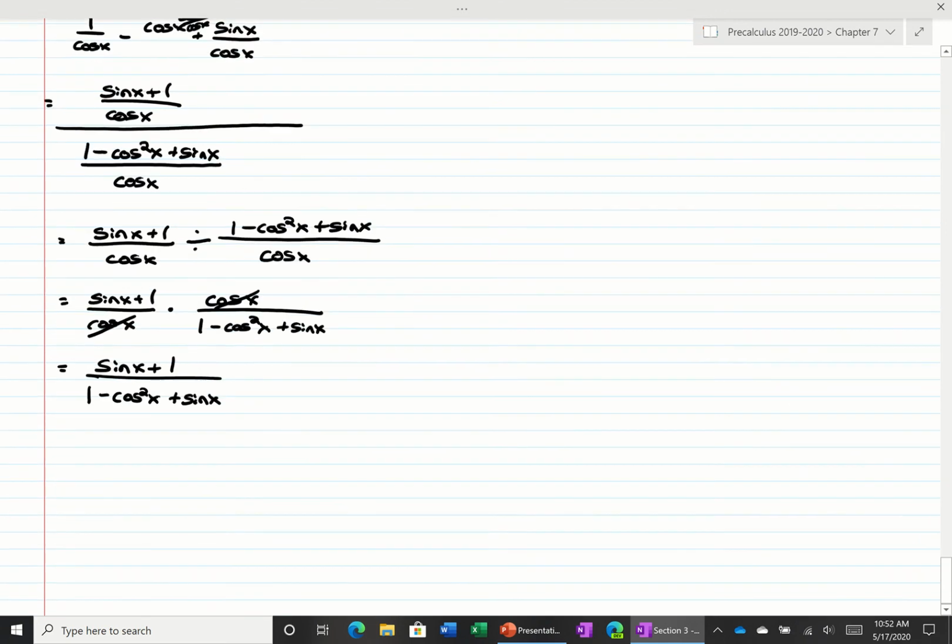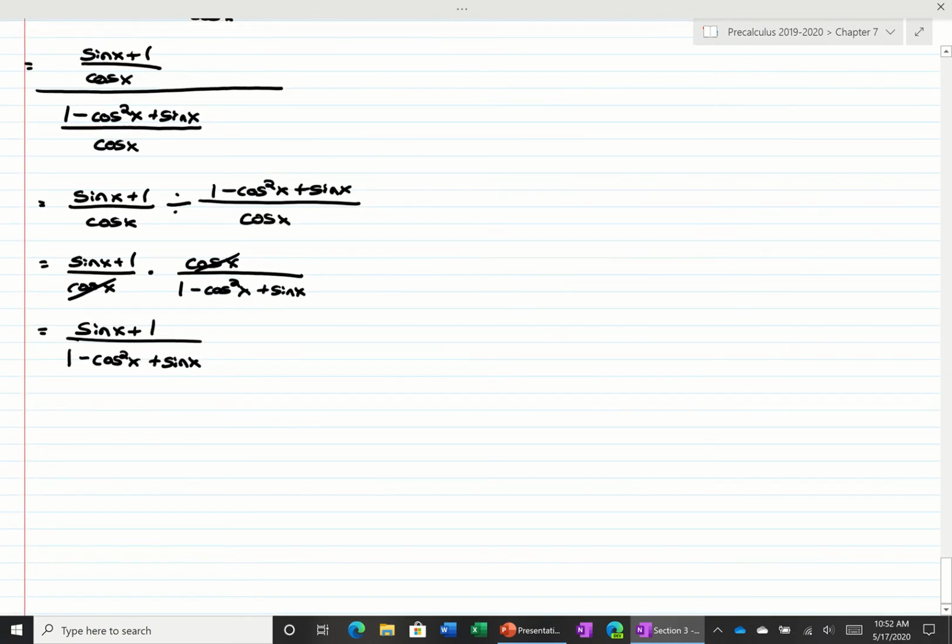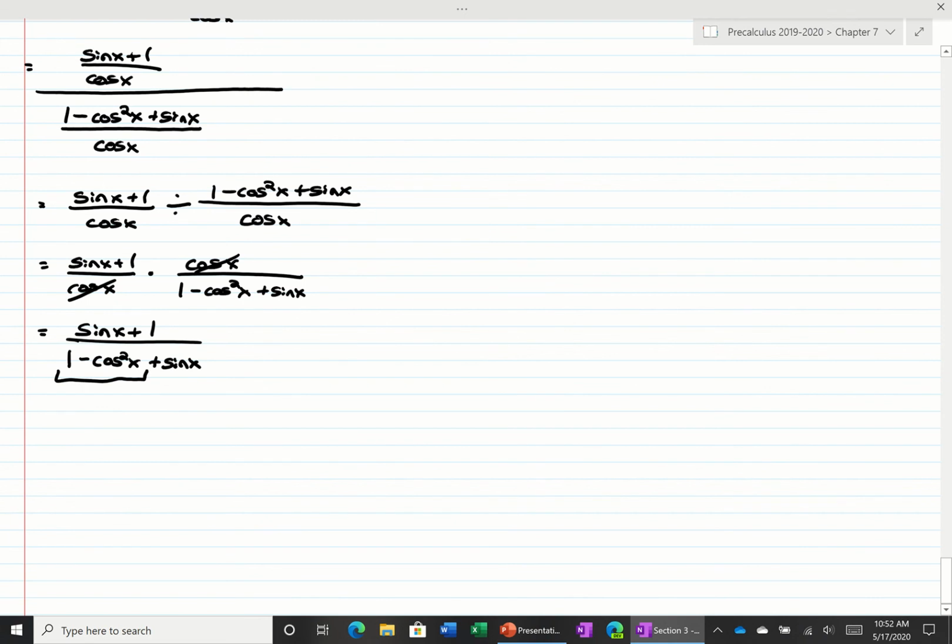That's 1 over sine. So it might be a good idea to get all sines on the bottom. 1 minus cosine squared, we've seen a few times already. If sine squared plus cosine squared is 1, then 1 minus the cosine squared is, I'm sorry, is just sine squared.